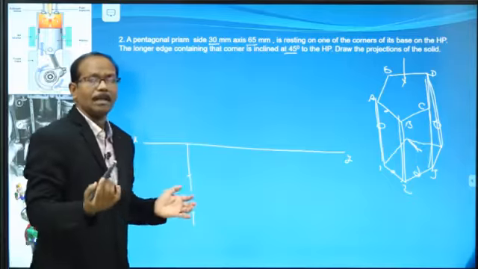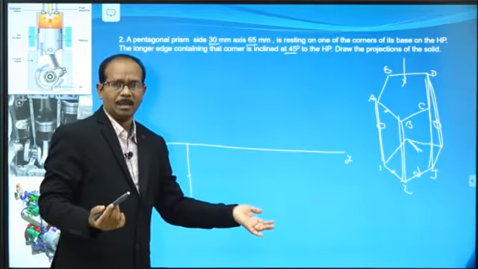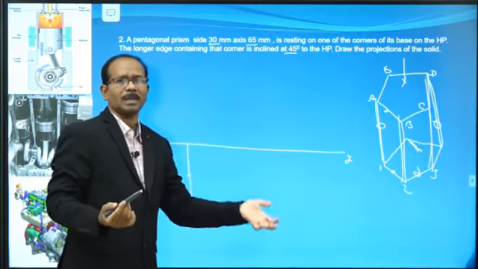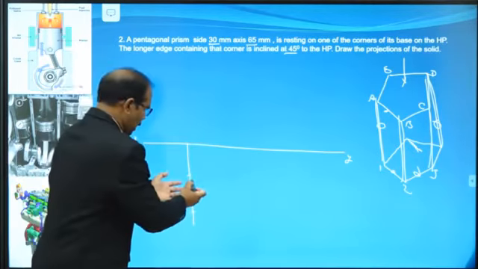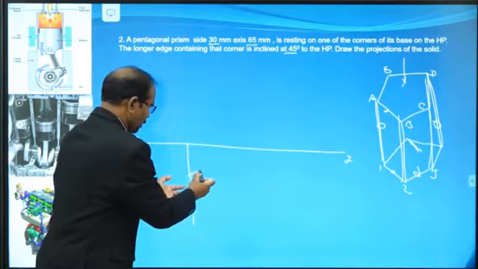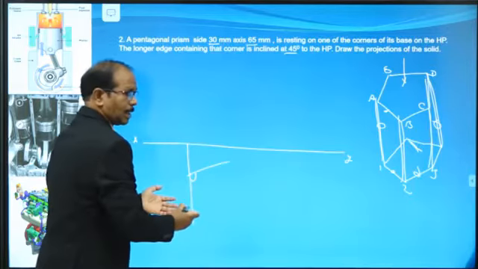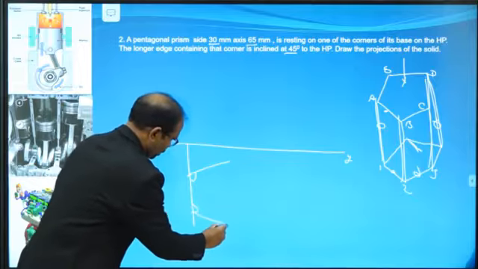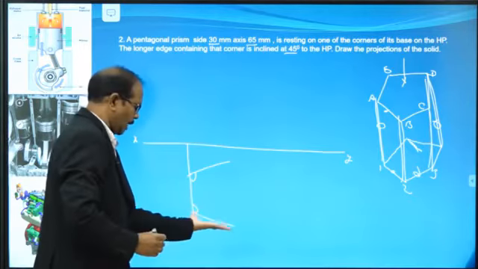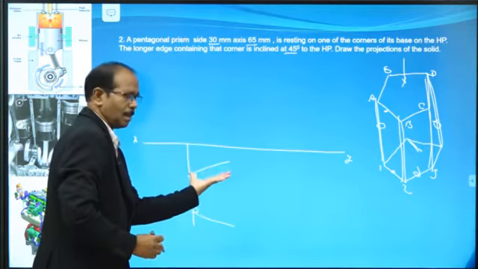Now, how to construct a pentagon? Angle method. The angle method is the quick way to construct a pentagon. Here it is 108 degrees. Draw a line equal to 30 mm, then at 108 degrees draw a line of the same length.